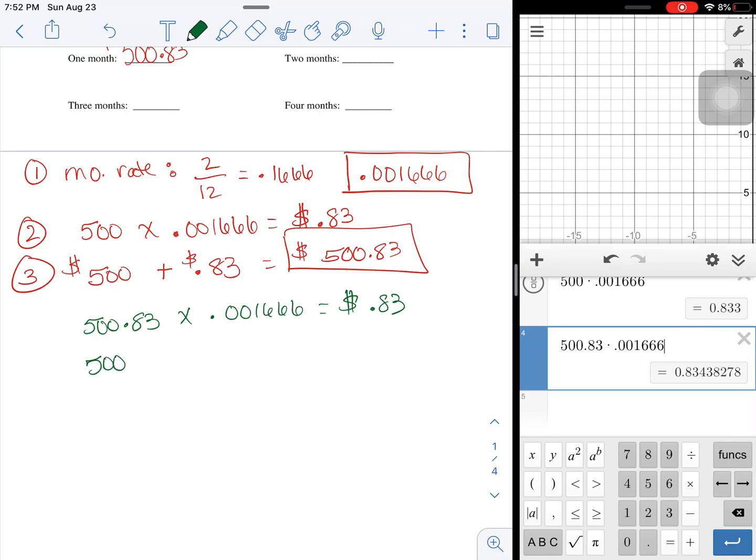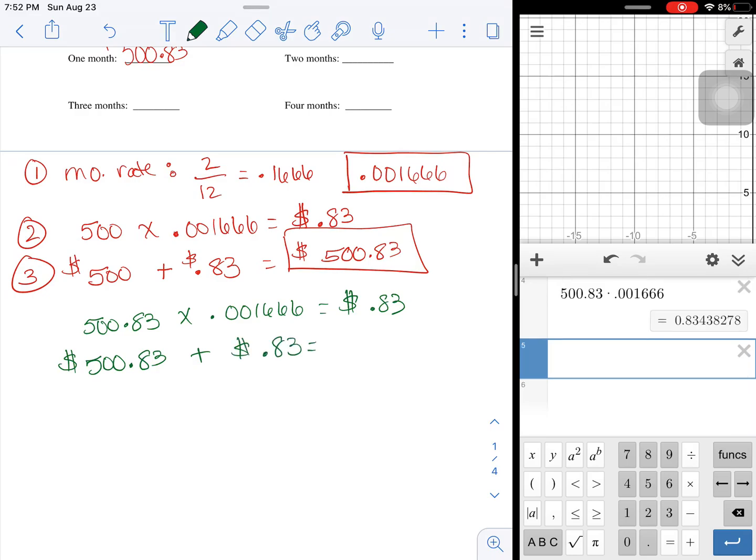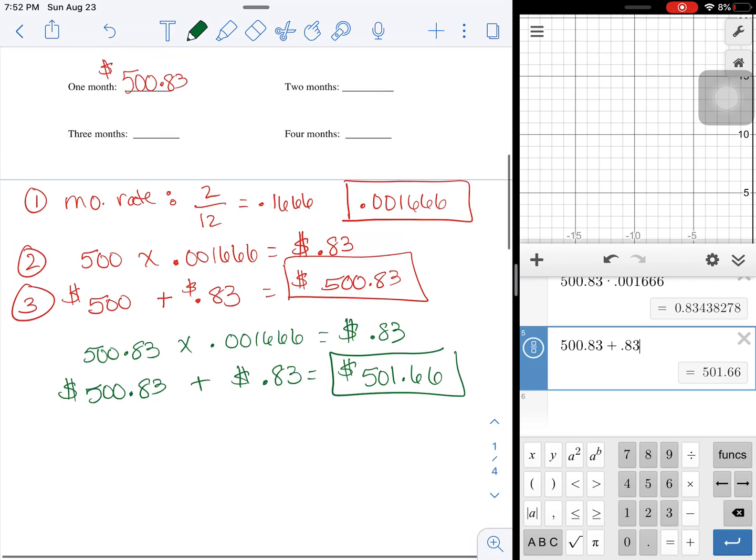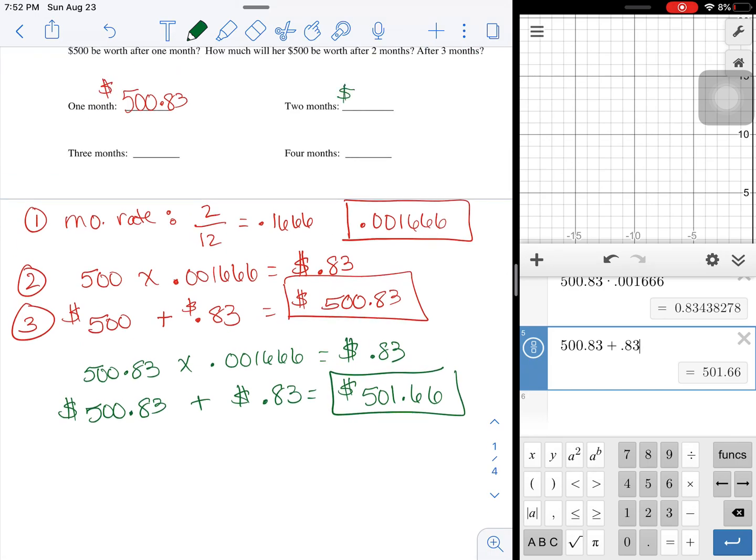So when you add up your 2 money numbers, right, $500 and 83 cents plus another 83 cents, I'm going to get the total that I have in that account for month 2. $501.66. So that is month 2.